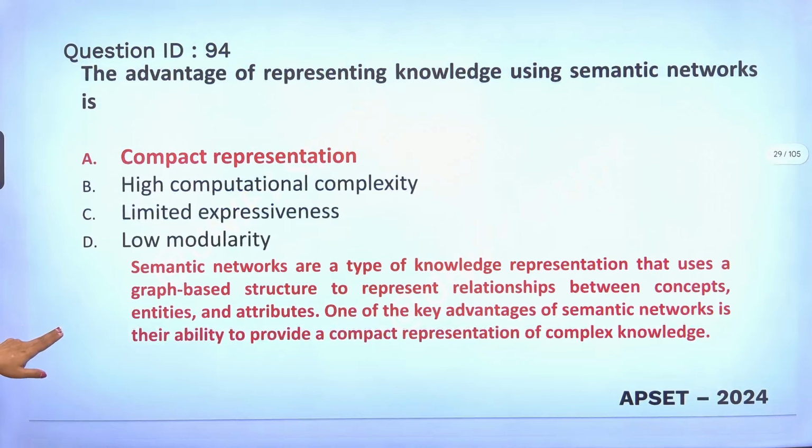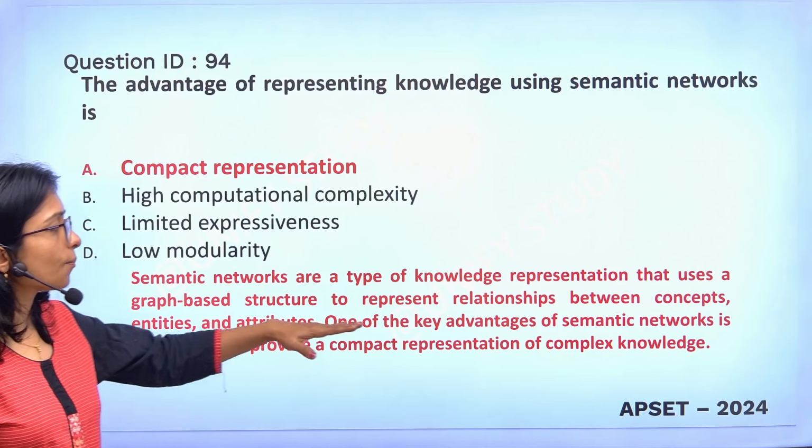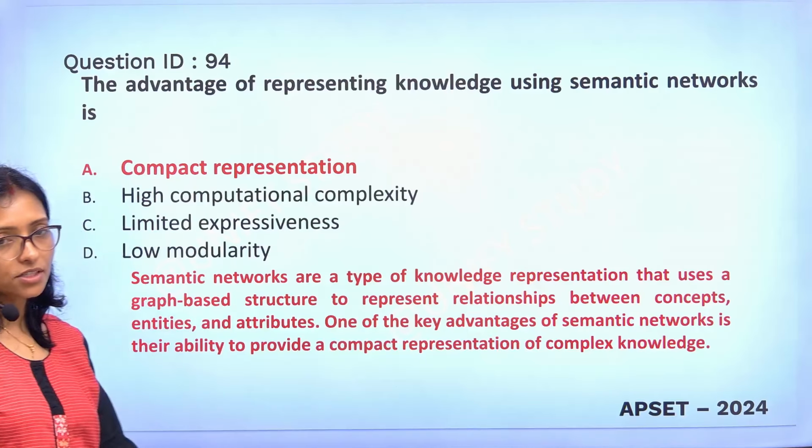Semantic networks are a type of knowledge representation that uses a graph-based structure. We learned that graph-based strategy, right? The graph-based structure represents the relationship between concepts, entities and attributes. One key advantage of semantic networks is their ability to provide a compact representation of complex knowledge.